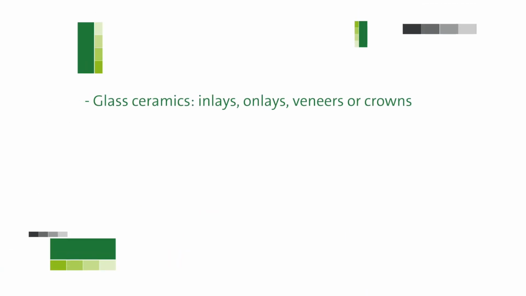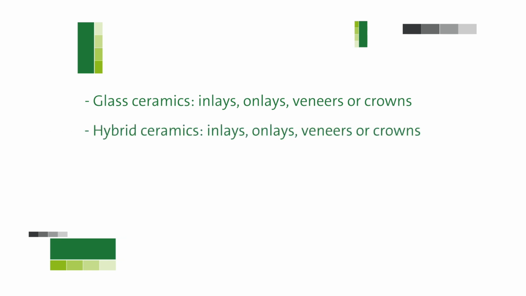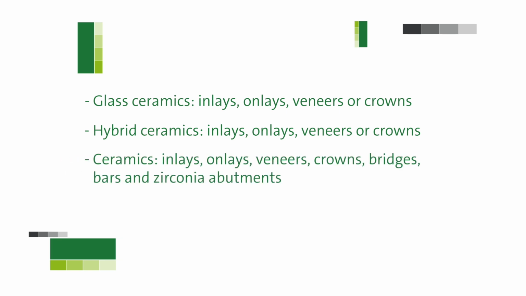So, which materials should you have in your clinic to mill? Glass ceramics such as IPS e.max for inlays, onlays, veneers or crowns. Hybrid ceramics such as Lava or Vita for inlays, onlays, veneers and crowns too. Ceramics for the same applications as the materials before, plus bridges, bars and zirconia abutments.